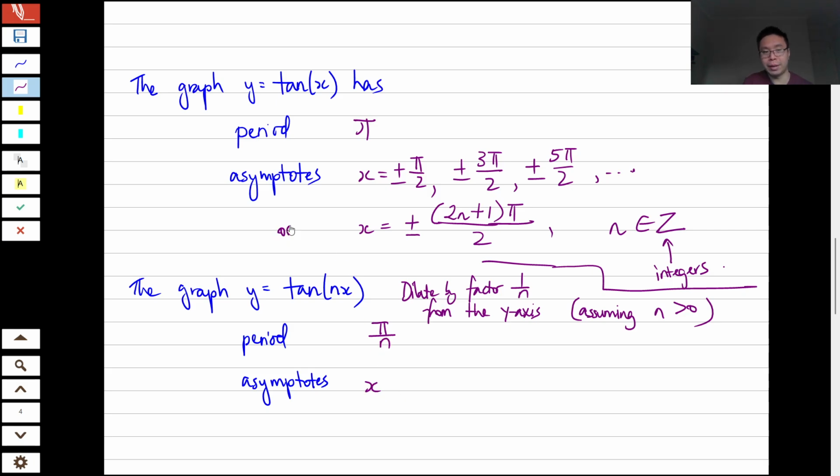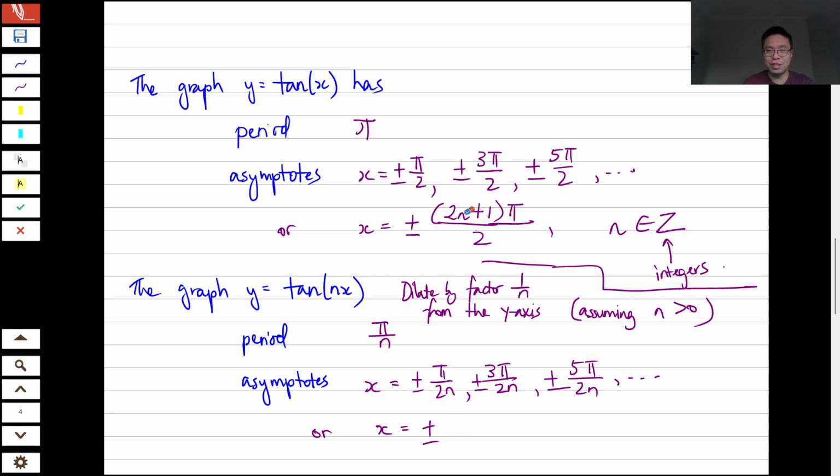And now my asymptotes will be shrunk by a factor of 1 on n. So instead of pi on 2, it'll be pi on 2n. Instead of 3 pi on 2, it'll be 3 pi on 2n. Instead of 5 pi on 2, it'll be 5 pi on 2n, and etc. And again, if I want to encapsulate all of these asymptotes into one family, I could use x equals plus or minus... I just realized I've used n twice.